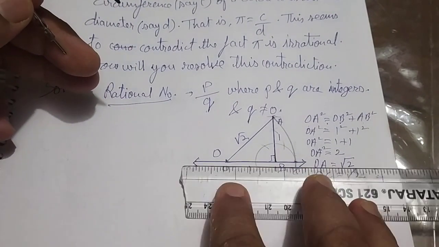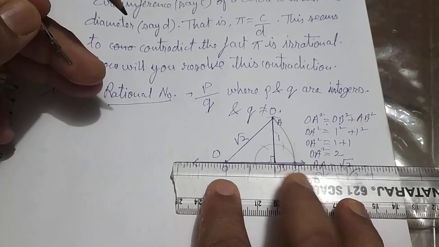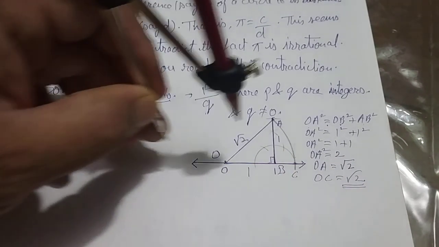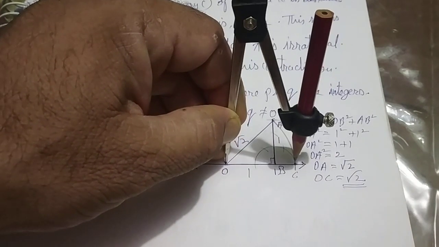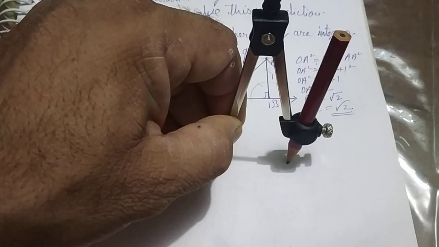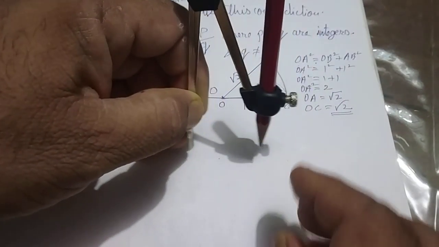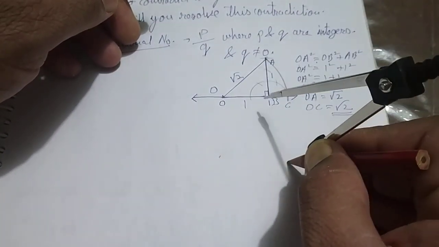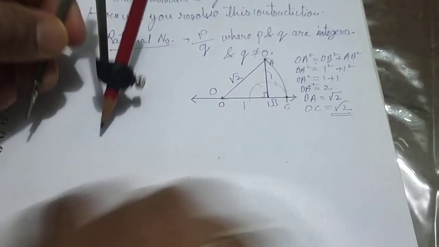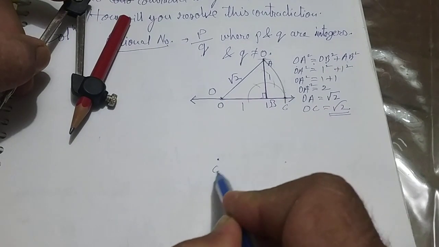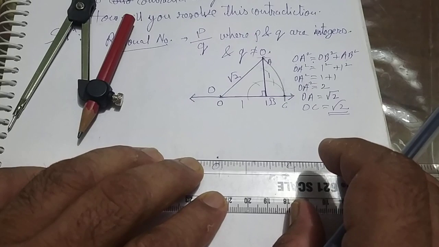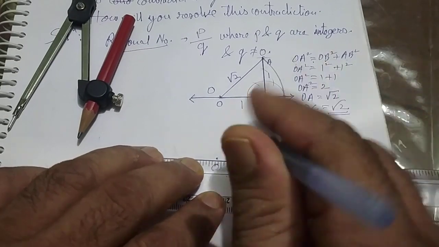If you want to measure it on a scale, you would never be able to get that this is root 2. By scale you cannot measure. We know that this length is root 2. So these 2 points, this one and this one, I have taken this width equal to root 2. Let this be O, actually this is C, and if I join this, now I know that this is root 2.